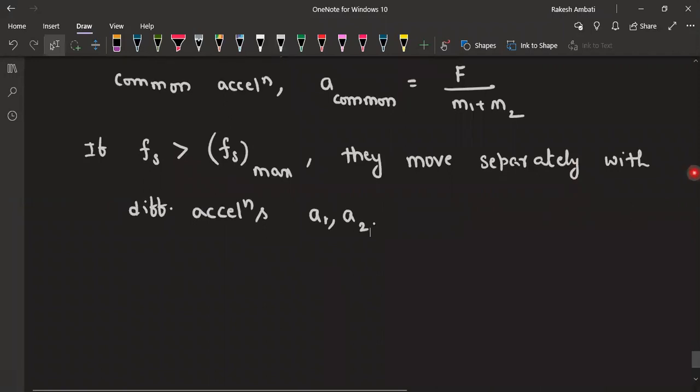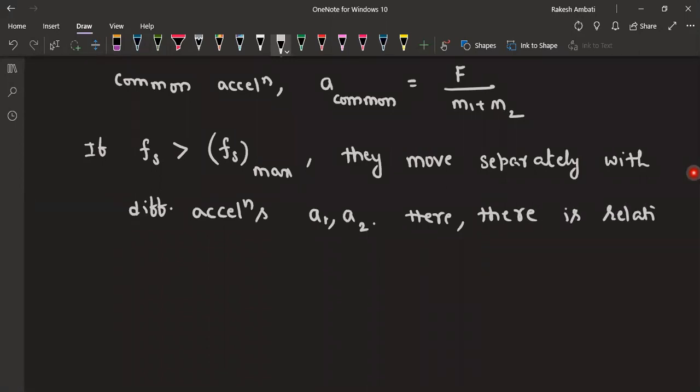And in this case, what type of frictional force acts between them? Static or kinetic? Kinetic. Why kinetic? Because there is relative motion between them.